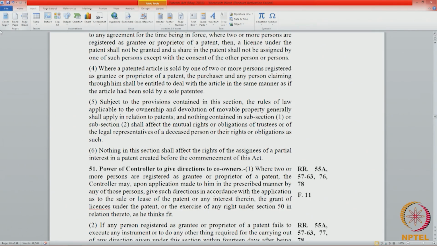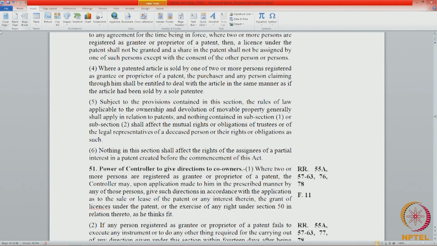And the rights of co-owners, which we just saw in subsection 1 and subsection 2, shall not affect the mutual rights or obligations of trustees or legal representatives of a deceased person. Meaning, if amongst the three owners A, B and C, C passes away, the death of C will not affect the rights which will now fall upon his legal representatives. So, the co-owners A, B and C will have 1/3 share each in the absence of an agreement.